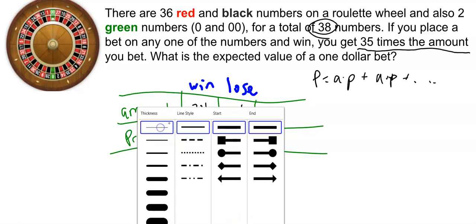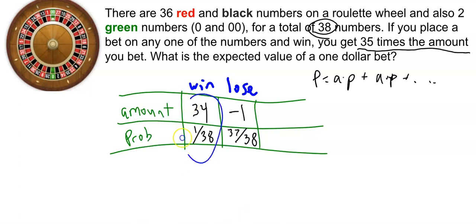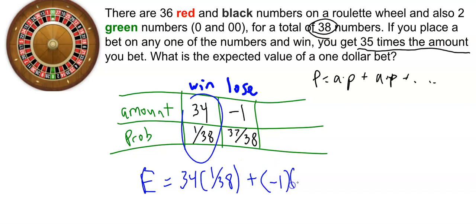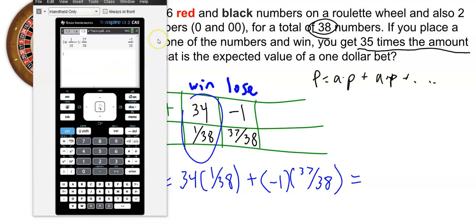Okay, so we have these 2 multiplied. The expected value E is 34 times 1/38 plus -1 times 37 over 38. Let's see how good or bad the probability is in playing this game. Okay, so I typed this in my calculator.